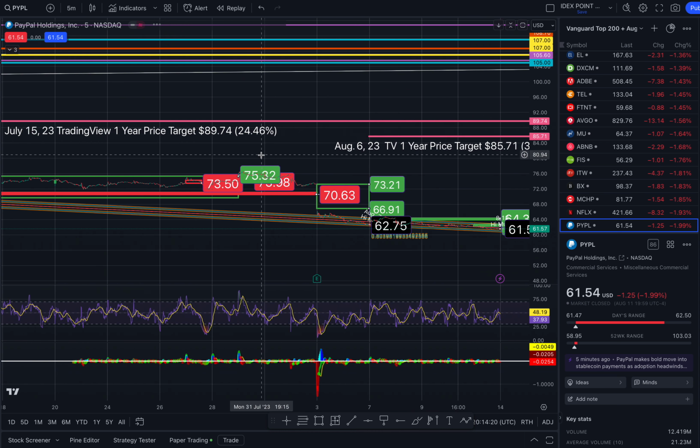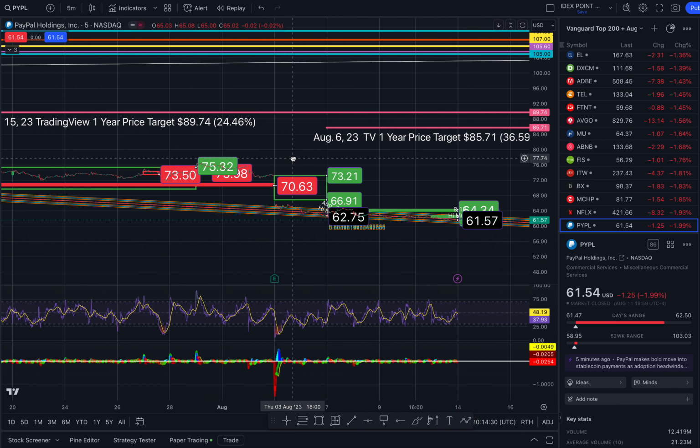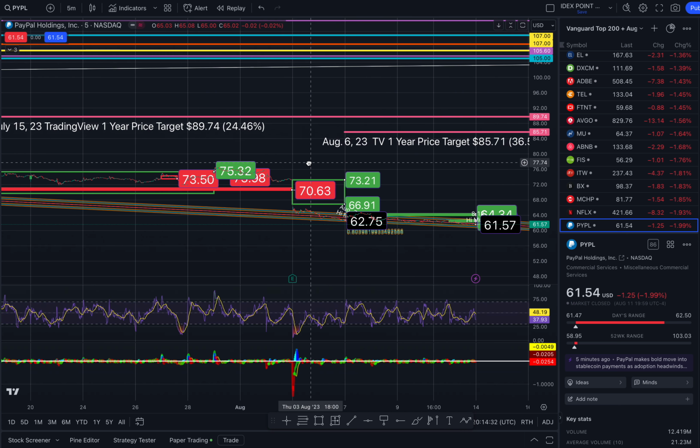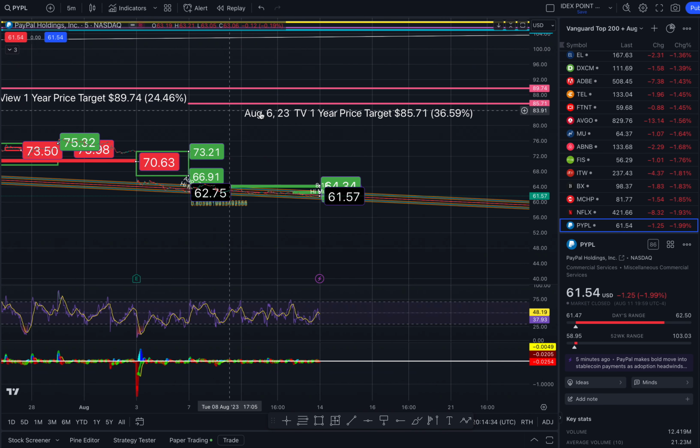When I looked at this stock on the 15th, the 1-year price target was $89.74, up 24%. That has been revised downward. It's now $85.71. When I looked at it on the 6th, that would have been a return of 36%.